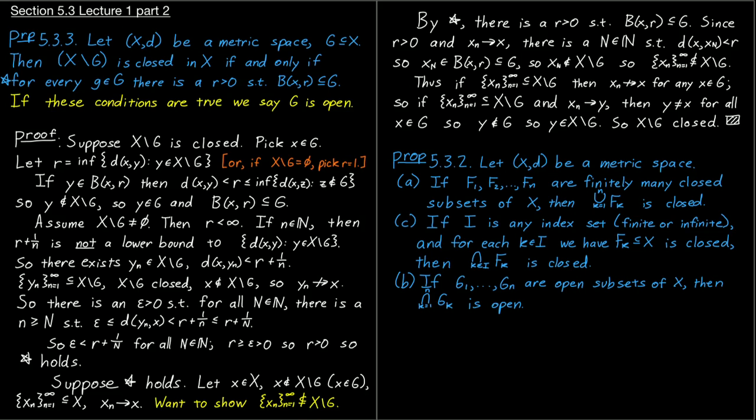You grab a point in the intersection, you let your radius for the intersection be the smallest of the radiuses of G1 up through Gn. And that works. But you can only take the smallest radius and expect to get a positive thing if you've only got finitely many of them. If you've got infinitely many of them, they can all be positive, but the infimum can be 0. And then, however, you can take infinite, countable, uncountable, whatever unions.